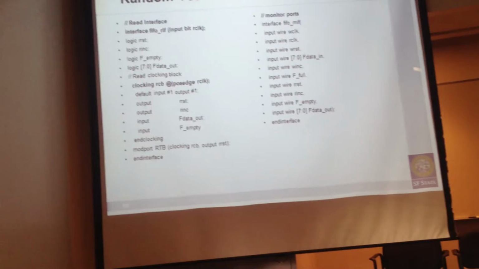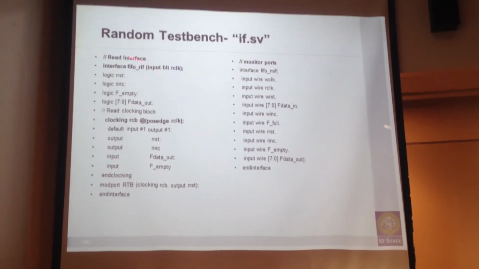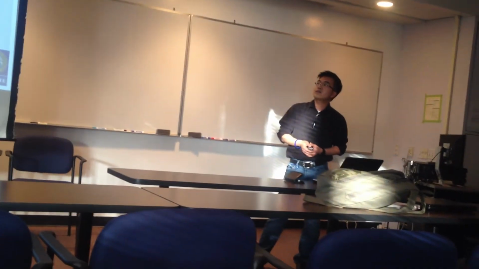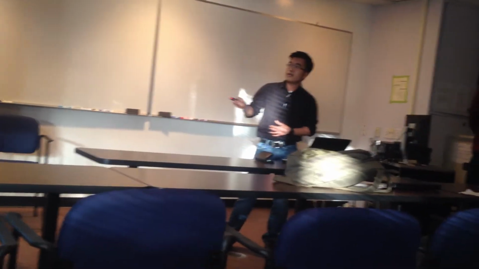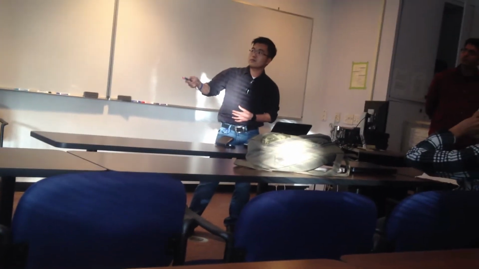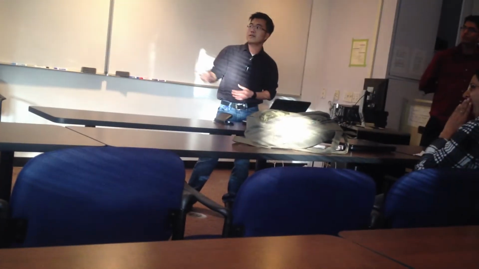The same idea for the read interface, I separate it like this one. In the read interface, I put the modport working on the read clock domain into the read interface, and then I put the clocking block on the ports together, and then I group the ports together in the modport for the read testbed.